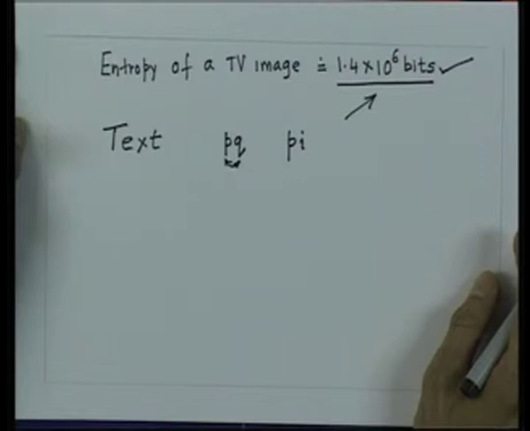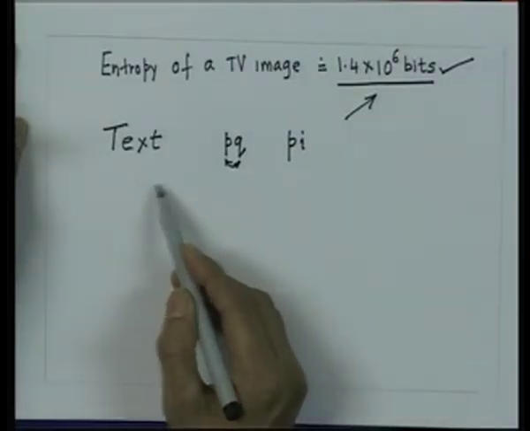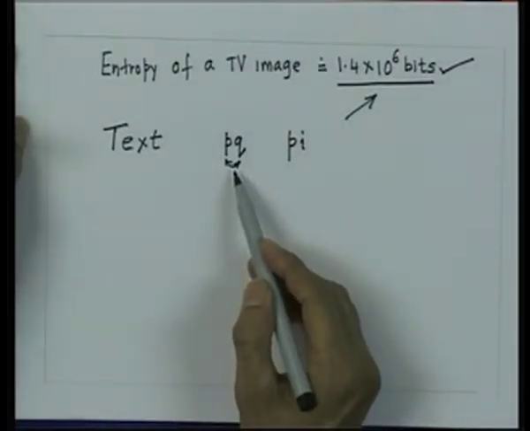So, let us look at those sources where there is a dependency of symbols in the sequence of strings coming out from the source S. Let us try to look at that more formally.